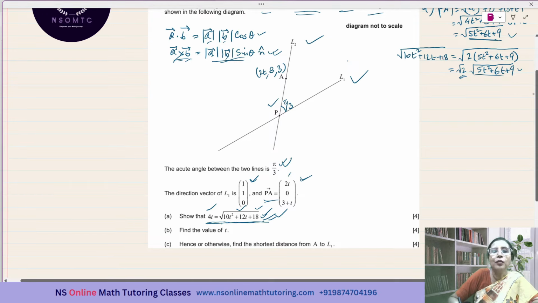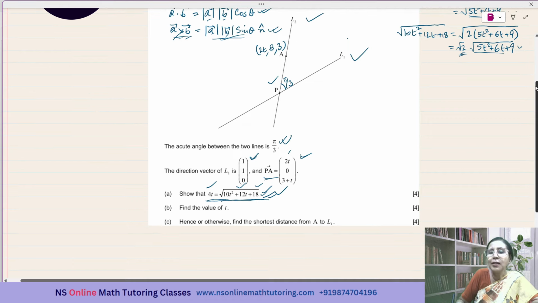So we have to use the dot product and not the vector product. So we take the scalar product of which two vectors? We are given only these two vectors, so we take these two: 1, 1, 0 dot 2t, 0 and 3 plus t.